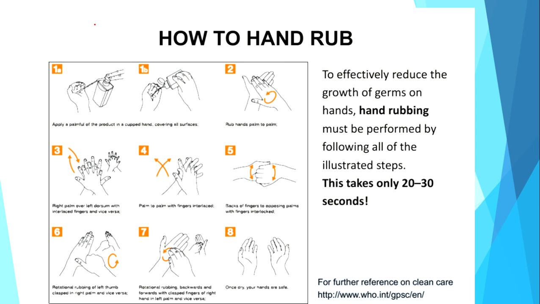Backs of fingers to opposing palms with fingers interlocked. 6. Rotational rubbing of the left thumb clasped in the right palm and vice versa. 7. Rotational rubbing backwards and forwards with clasped fingers of right hand in left palm and vice versa. Once dry, your hands are safe.